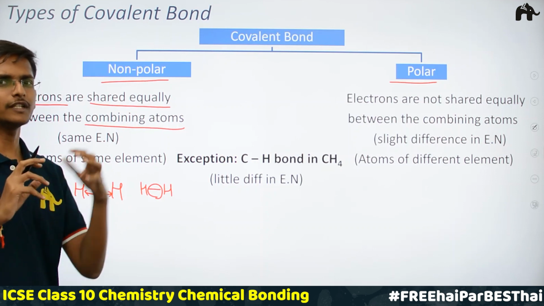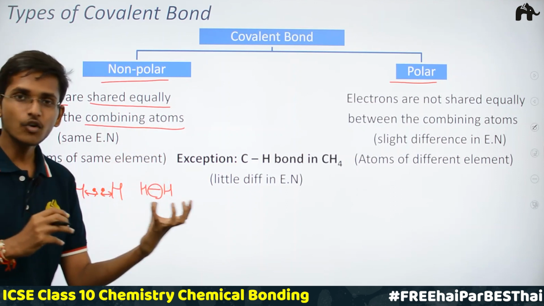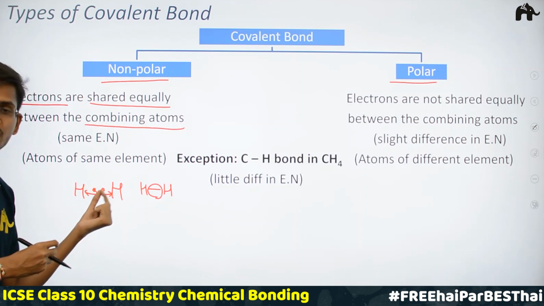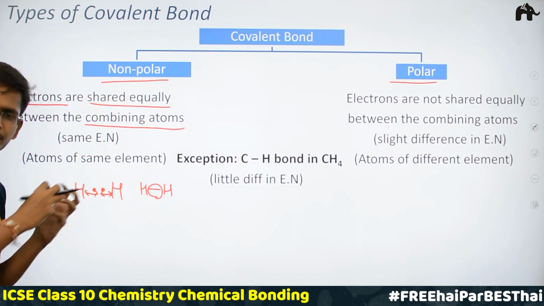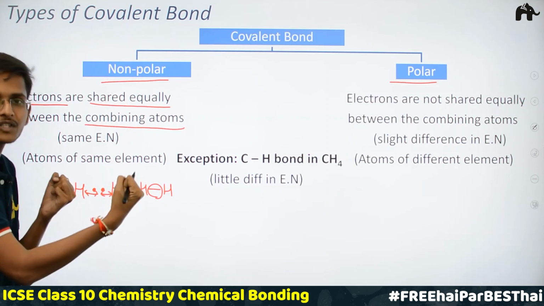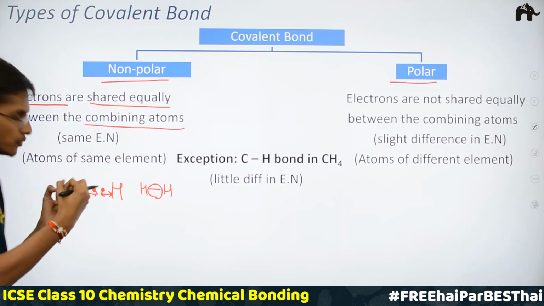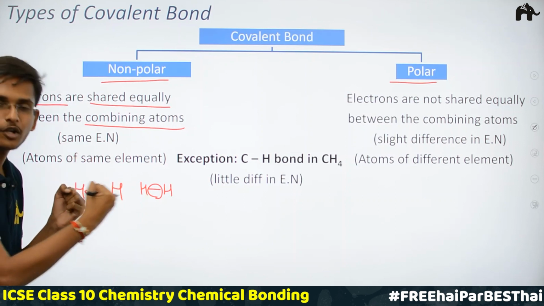Can we relate this with electronegativity? We have studied in the first chapter, electronegativity is actually the tendency of the atom to attract the shared pair of electrons towards itself. Now, since both of them are pulling the shared pair of electrons with the same extent, they have absolutely the same tendency to attract the shared pair of electrons towards themselves.